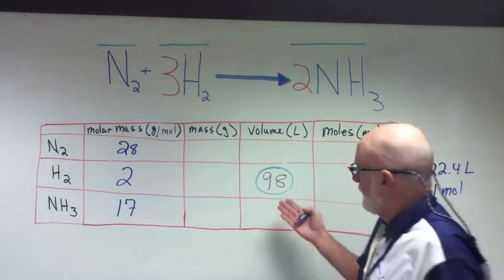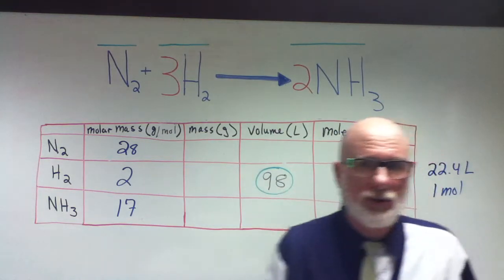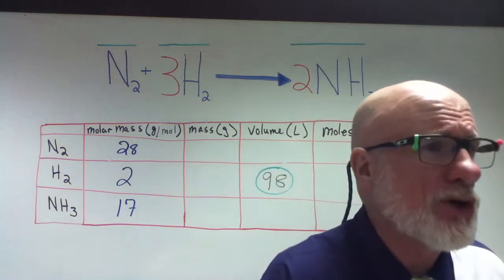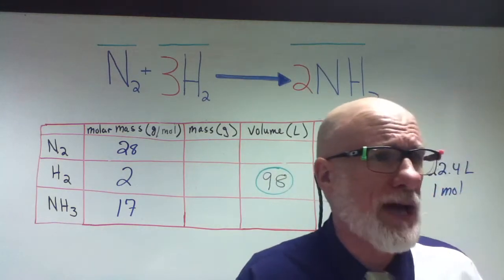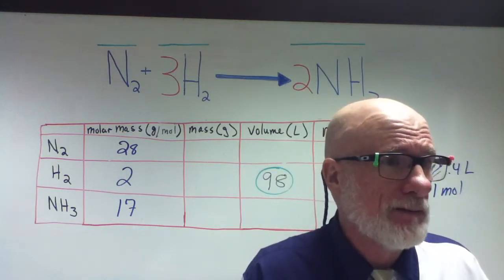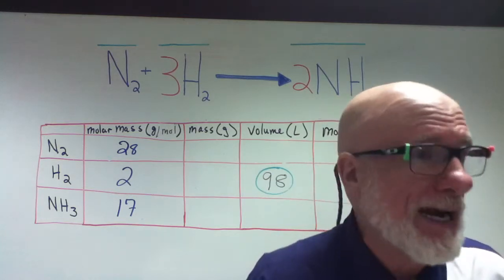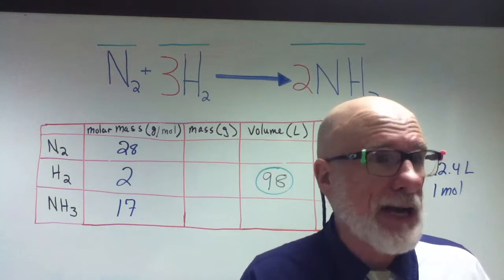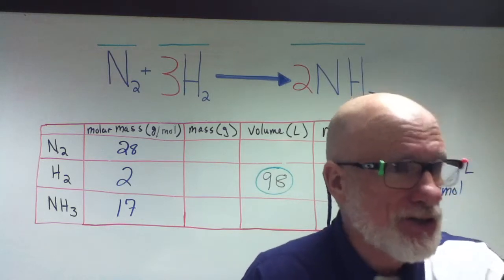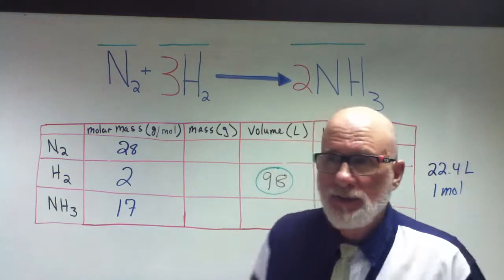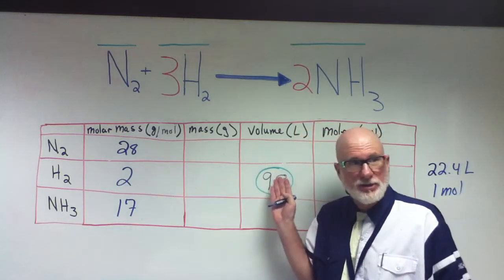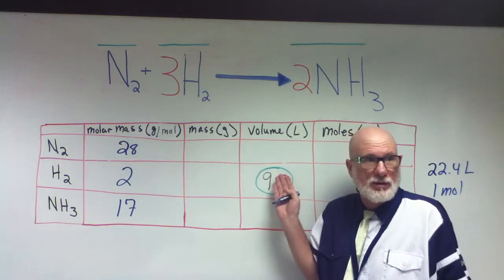So if I said to you, I had 22.4 liters, how many moles would you have? 1, right? Okay. If I said I had 44.8 liters, how many moles would I get? I'd have 2. How did you do that? Didn't you divide the number of liters by 22.4, right?